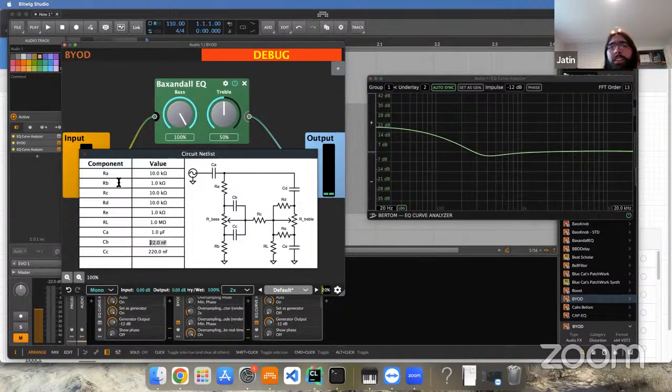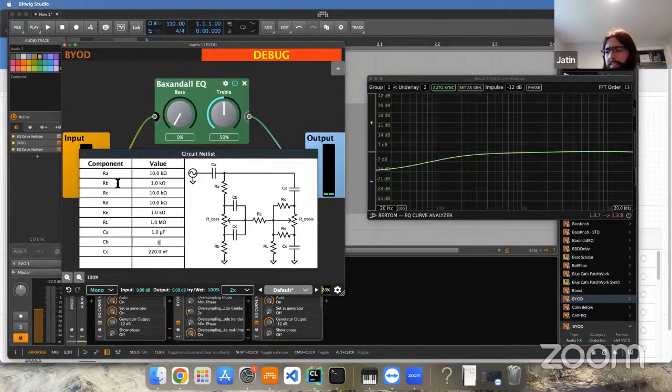All right, so CB. What if we make that really small? Doesn't seem to do anything. What if we make it really big? Okay, it seems like it adjusts this bump here. So maybe it matters more if we're trying to attenuate the bass. There we go. Now if we do something small, we've got more attenuation.